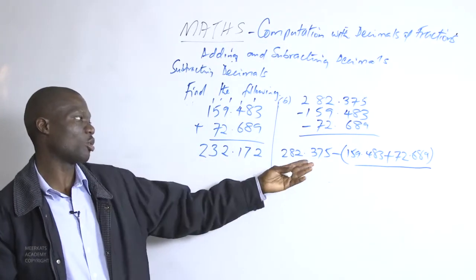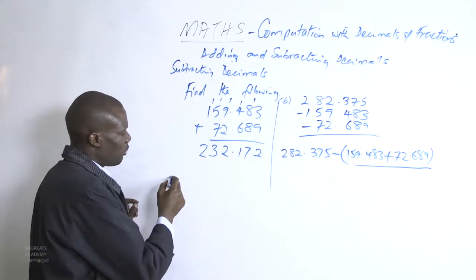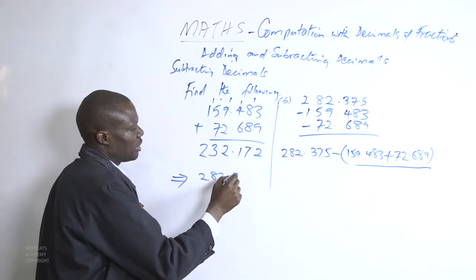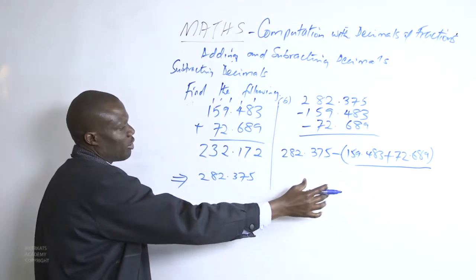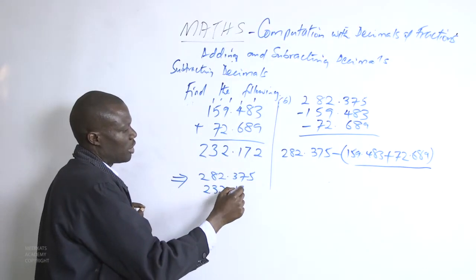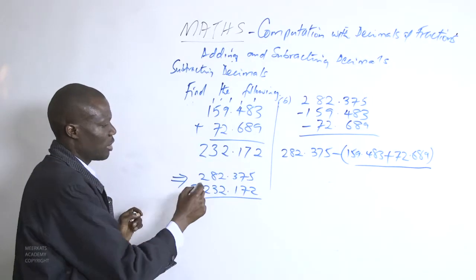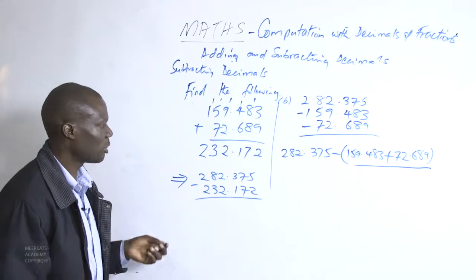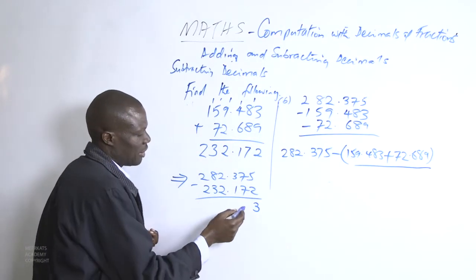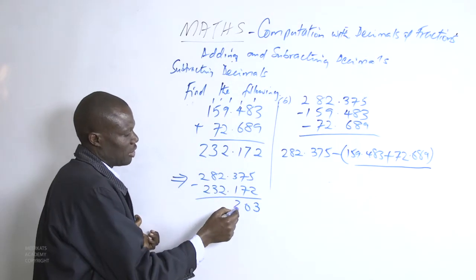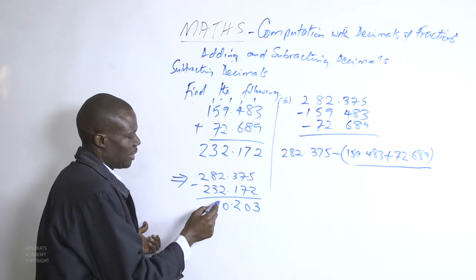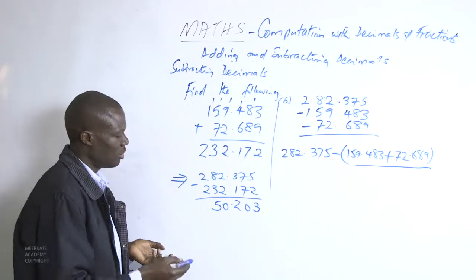Now we can come to our question and subtract. So it follows that 282.375 minus what is in the bracket, and what is in the bracket is the summation of this one, 232.172. This one can now be subtracted. When we subtract this, 5 minus 2 is 3, 7 minus 7 is 0, 3 minus 1 is 2, 2 minus 2 is 0, 8 minus 3 is 5, and 2 minus 2 is 0, which is insignificant.